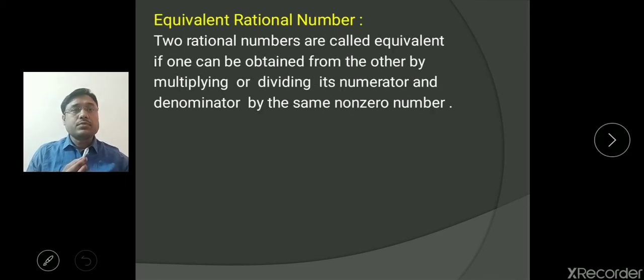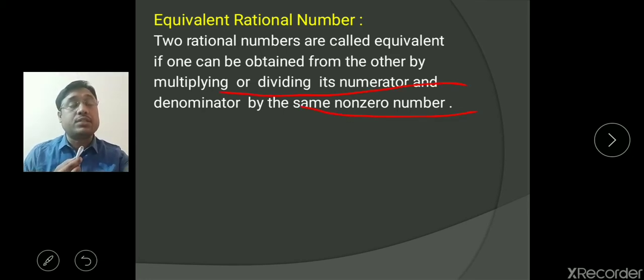Now we have to understand equivalent rational numbers. What we can understand from here is that two rational numbers are called equivalent if one can be obtained from the other by multiplying or dividing its numerator and denominator both by the same non-zero number.